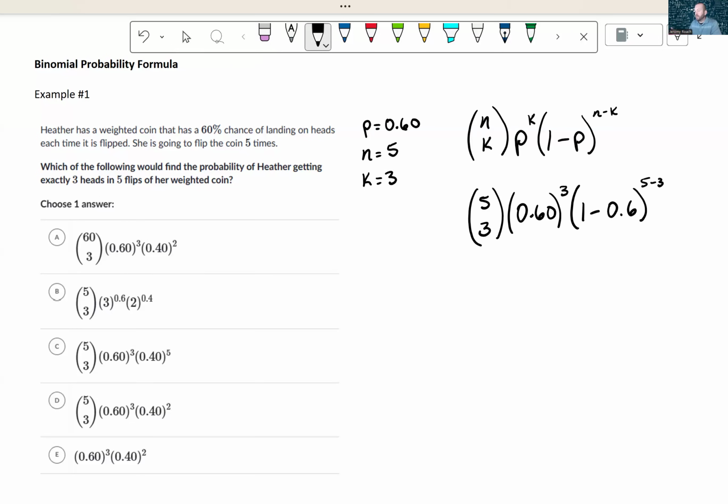Okay, and we'll simplify this as best we can without actually solving it. And that's going to give us 0.4 squared. Okay, and then we're just going to find which one matches, and it looks like D is our answer for this one. Okay, so that one is not too bad.